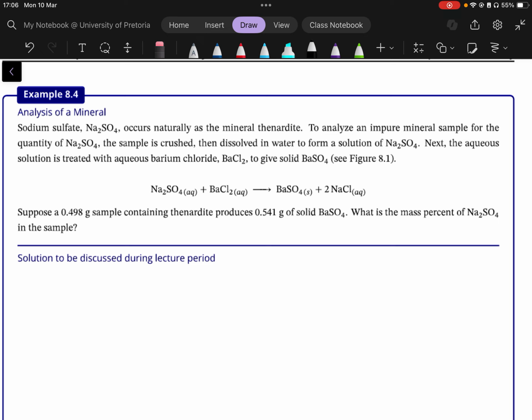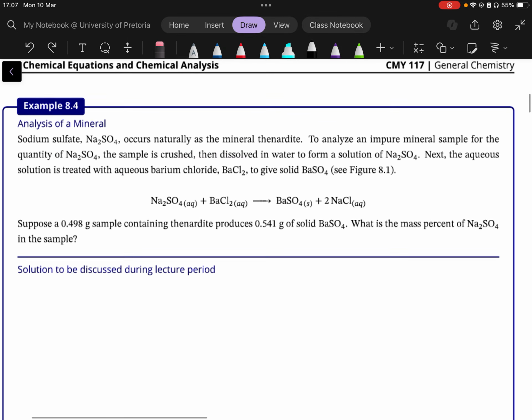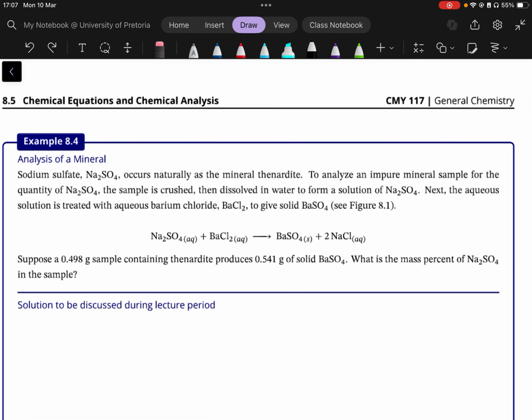Let's try and draw a strategy map, or let's draw firstly, what do we have? We're told initially to analyze an impure mineral sample for the quantity of sodium sulfate. What that means is we have a mineral, like a mineral ore.